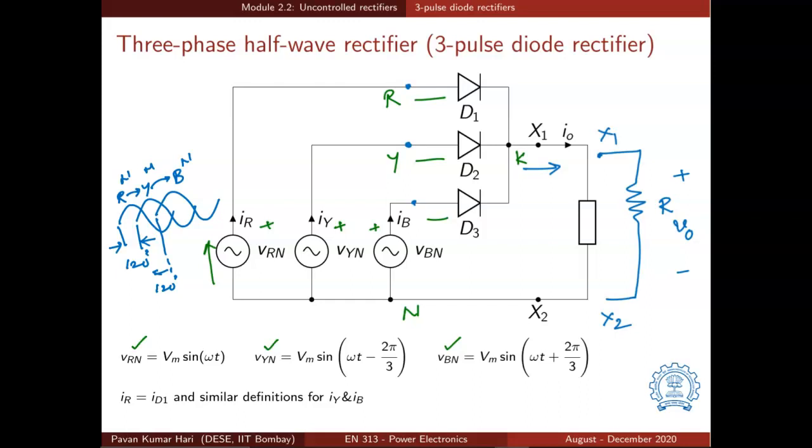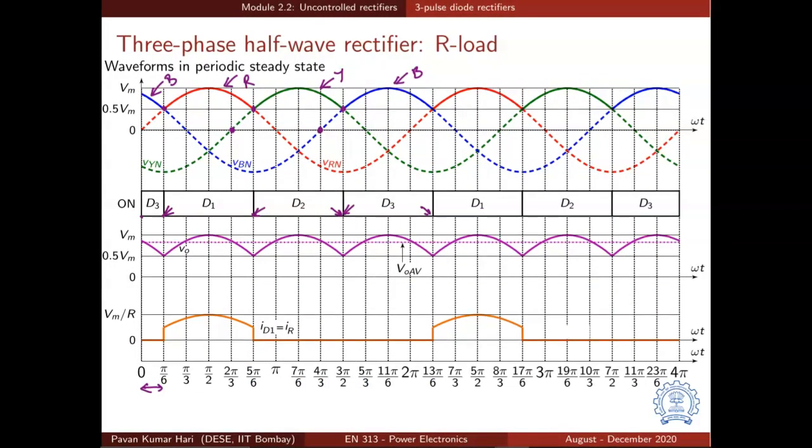So if you apply KVL, VRN will be equal to VO. That is how we find the output voltage. So when D1 is on, the output voltage is VRN, and when D2 is on, the output voltage is VYN, and when D3 is on, the output voltage is VBN.